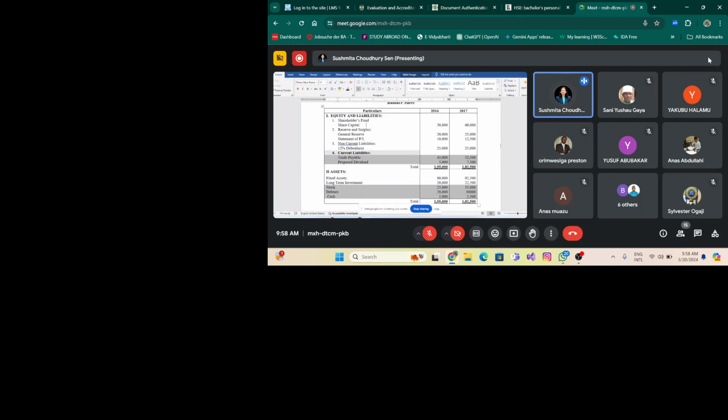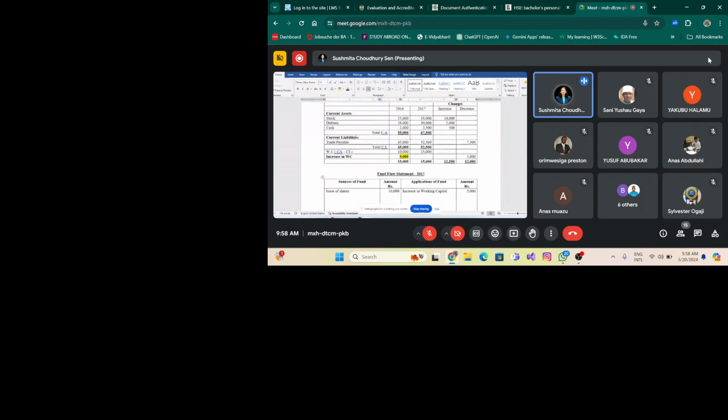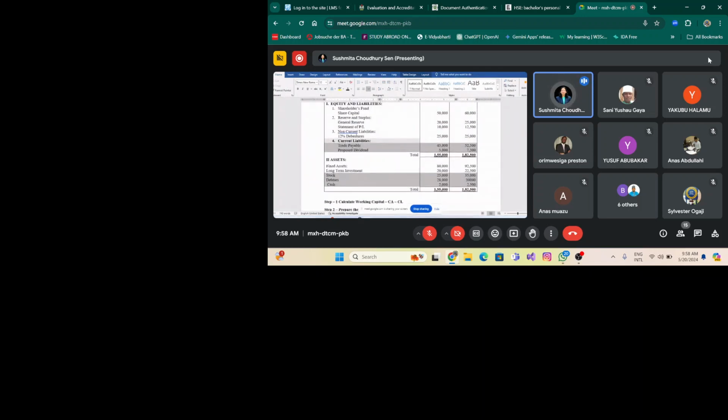That means you have issued more shares into the market and received more share capital. So that is a source of fund. You have received 10,000 extra in 2017. So I can write it as a source: issue of shares, rupees 10,000. This is my source of money.